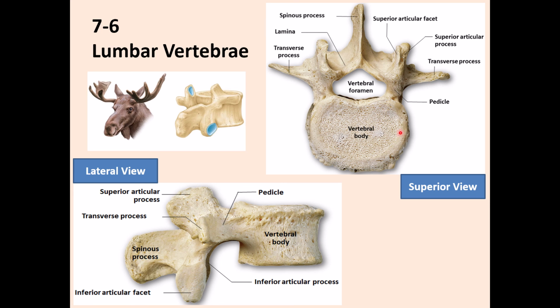The body does not have the costal facets either. There's nothing there. There are no ribs here. Superior and inferior processes are there. And look at the spinous process. It is horizontal, it is thick, and it is short.